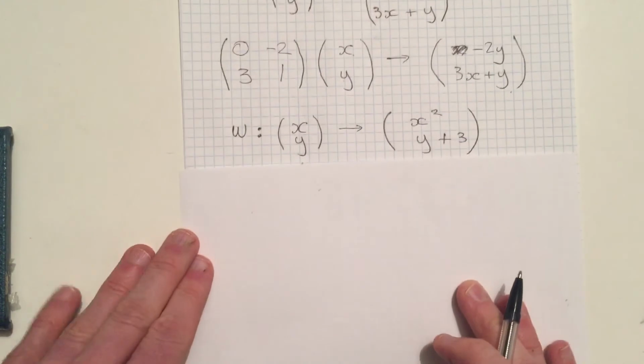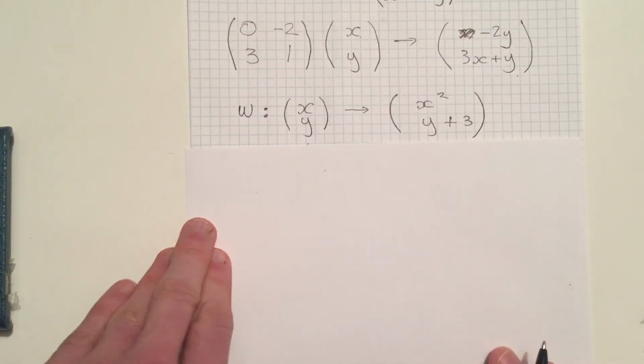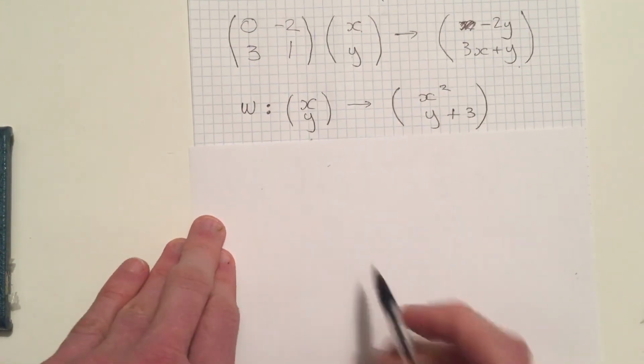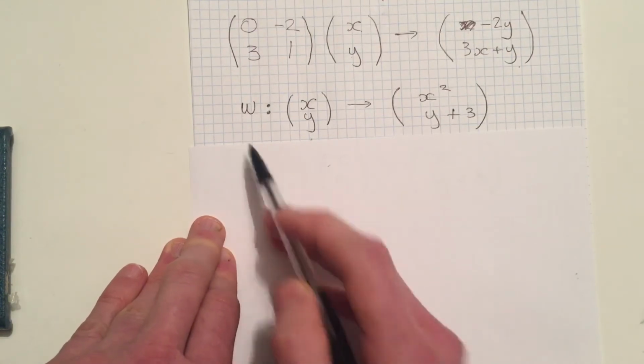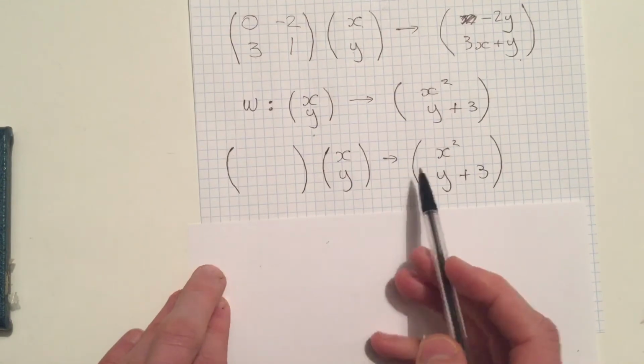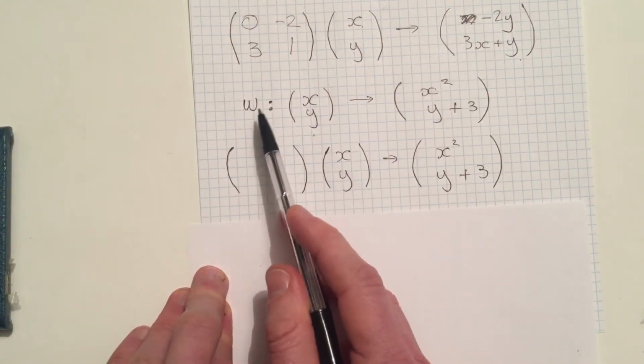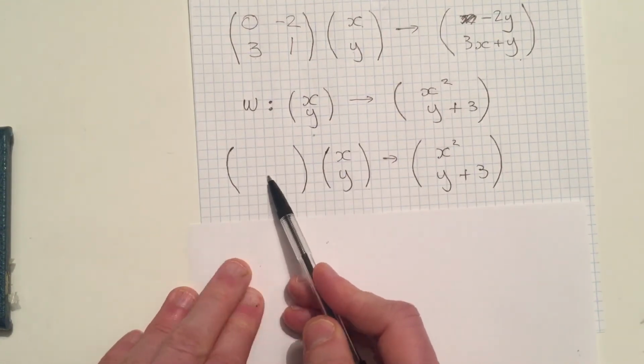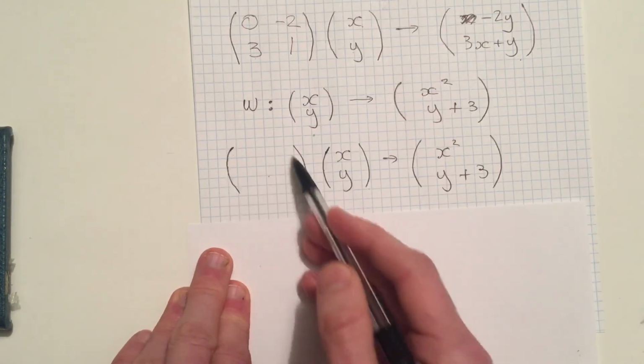Now, here comes the one that is not a linear transformation. W is not a linear transformation. And I'll explain why. Because if I wanted to represent this with a matrix, there is no set of numbers here.